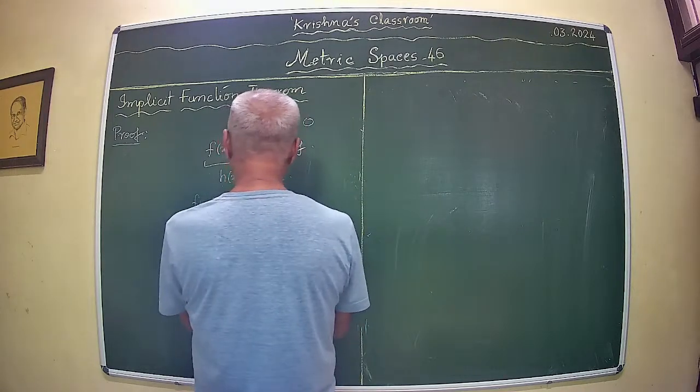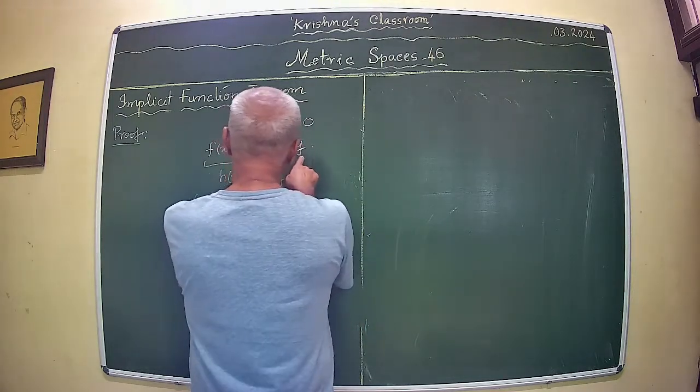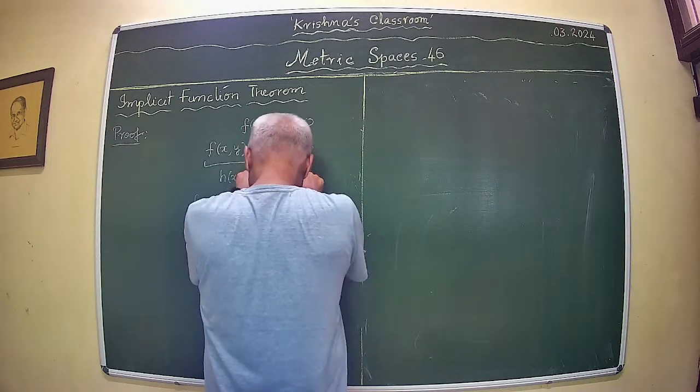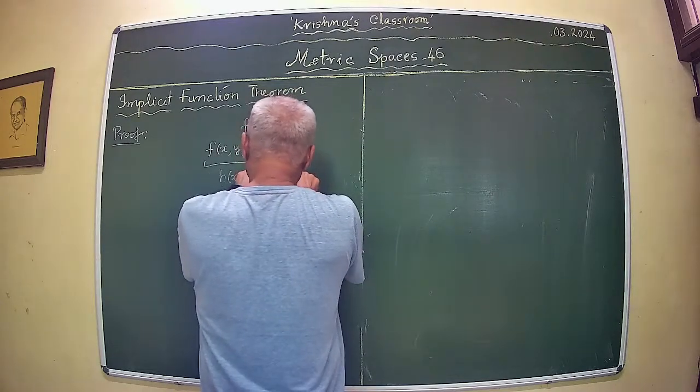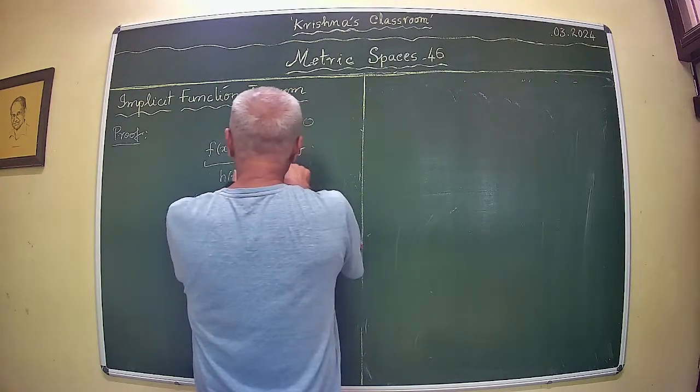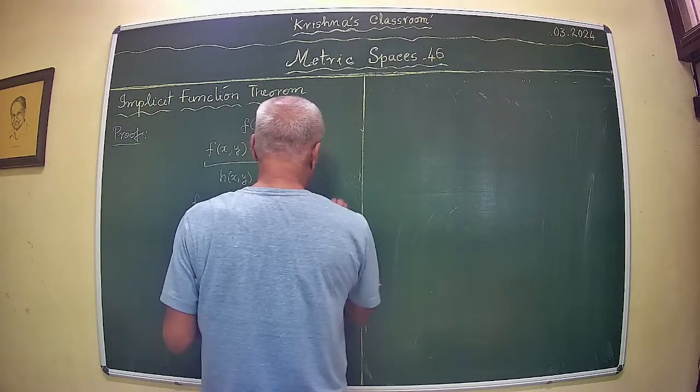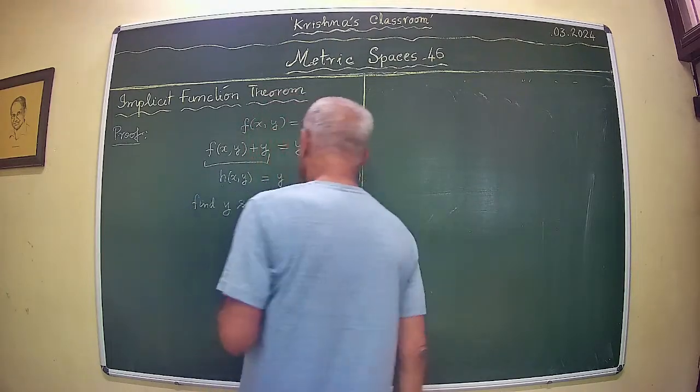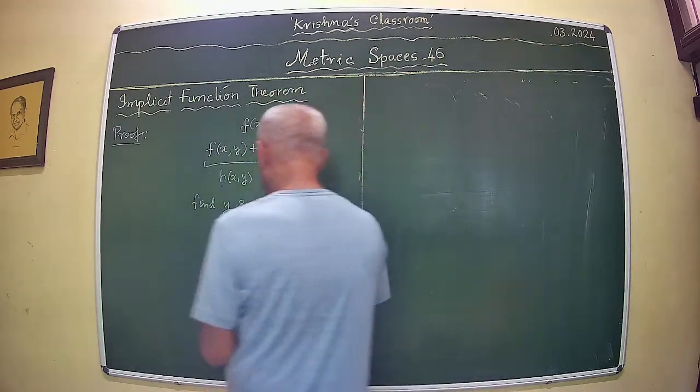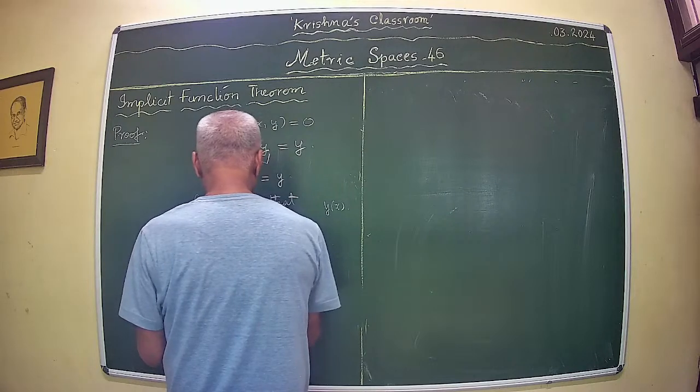Now we have to say what this y is. Y is going to be a function, so it is going to be a function of x eventually. So you are seeking y as a function of x. Okay. So this is what you are looking for.